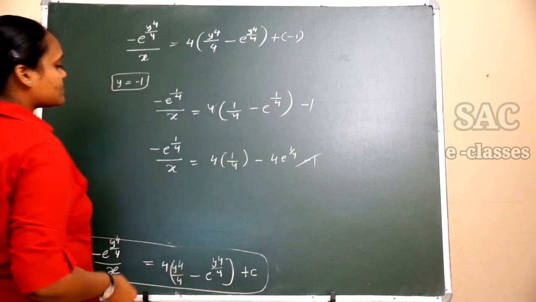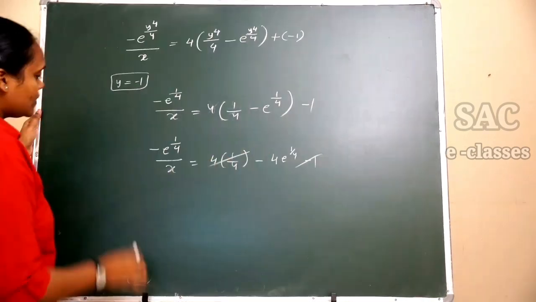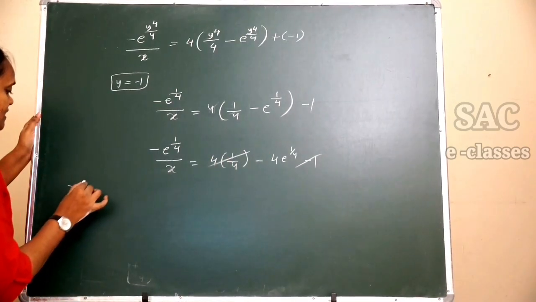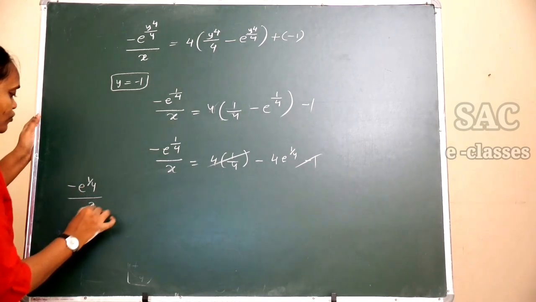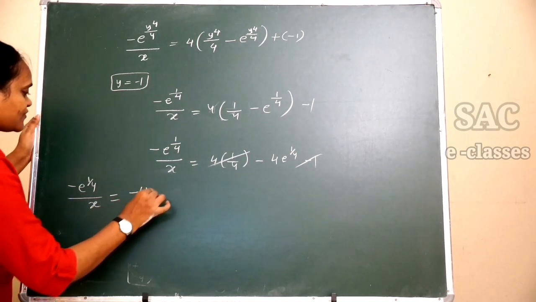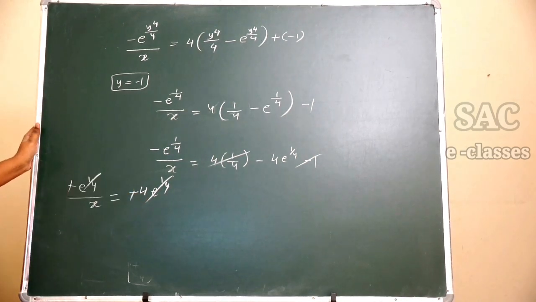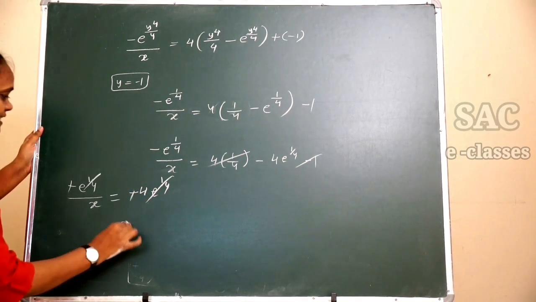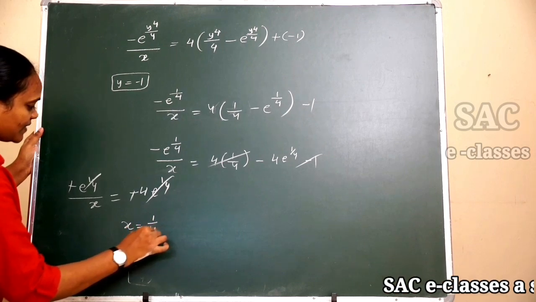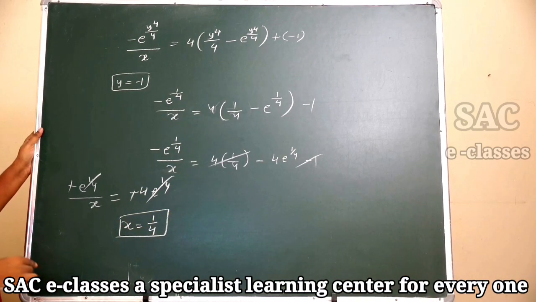Plus 1 and minus 1 get cancelled. Now if you have observed, minus e power 1/4 by x equal to minus 4 into e power 1/4. Minus minus cancelled and e power 1/4 gets cancelled, then the x value is equal to 1/4. But they did not ask you to find the x value, they asked you to find dy by dx.